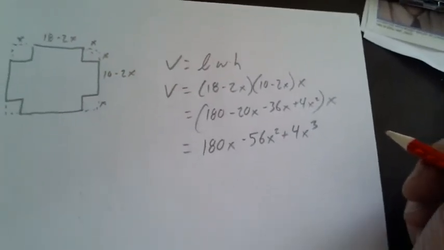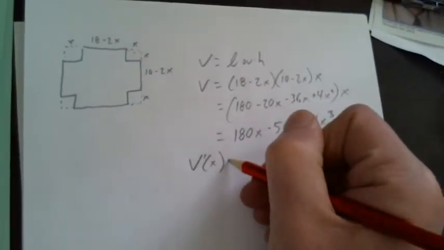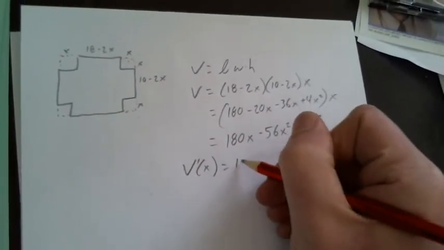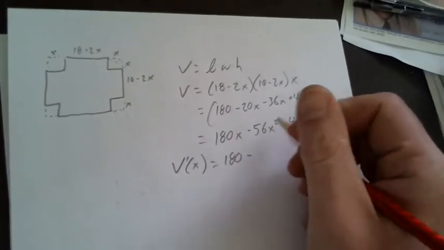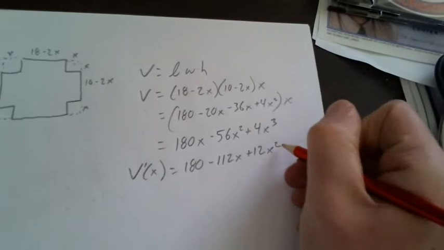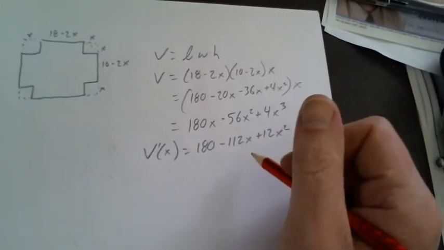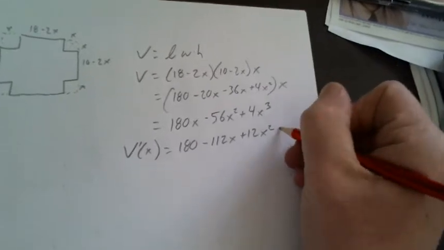There we are. And we want to find ourselves an extremum, so V prime of x, the first derivative, will be 180 minus 112x plus 12x squared. And we'll set that equal to 0.